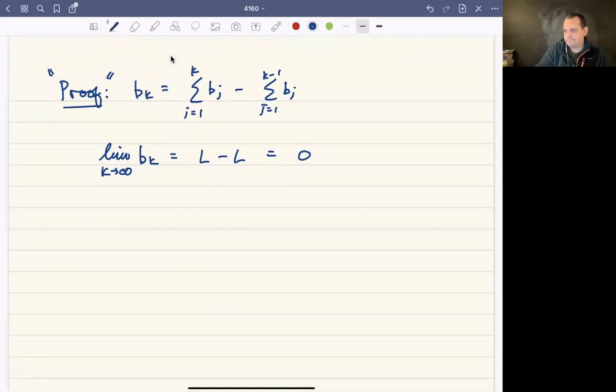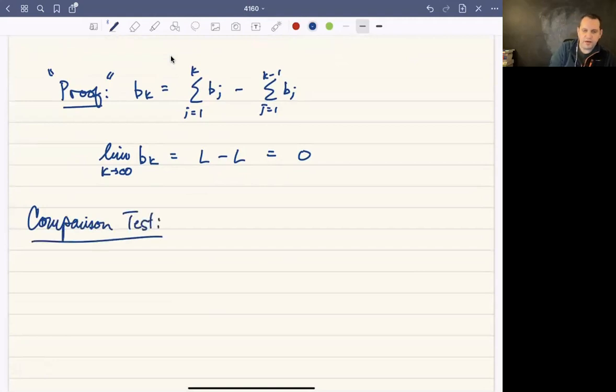All right. Next, let's talk about the comparison test. The comparison test is also an idea that's only relevant for real valued sequences. There is no comparison of less than or equal to or greater than or equal to for complex numbers. So what this comparison test says is that, let's say we have two series with sequences of terms that follow an inequality.